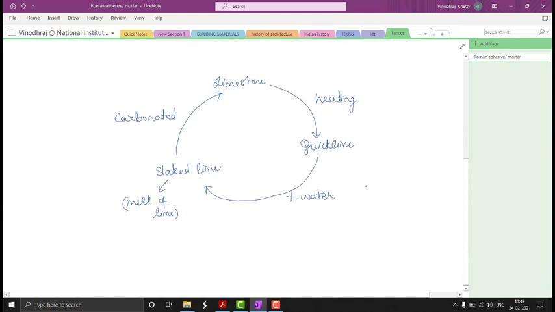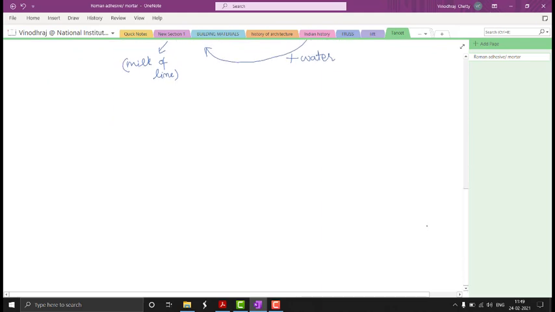There are various classifications of lime. Lime can be classified into burnt lime, then unslaked lime, and the third classification is slaked or hydrated lime.